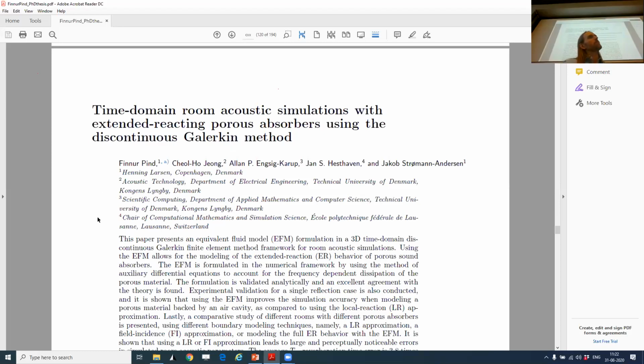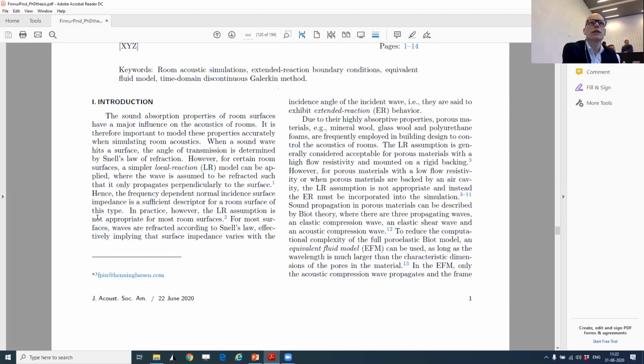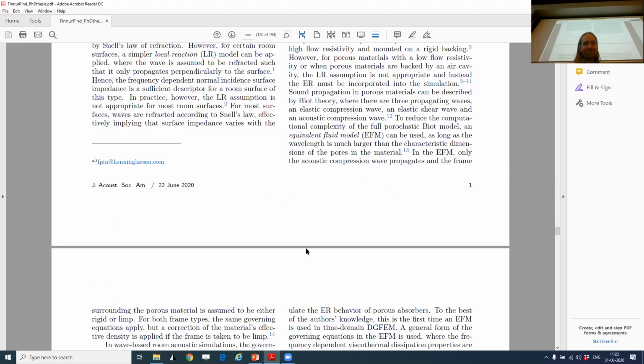On the first page, you write something on what set of equations you use to solve for the material, and you use an equivalent fluid model. So basically, a porous material is treated as a fluid. But you say that you simplify Biot's theory, where there are 3 propagating waves: an elastic compression wave, an elastic shear wave, and an acoustic compression wave.